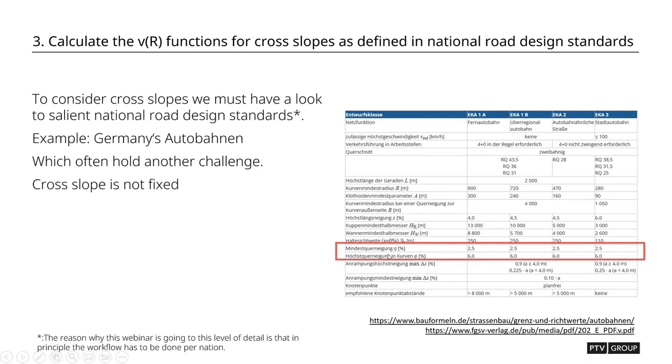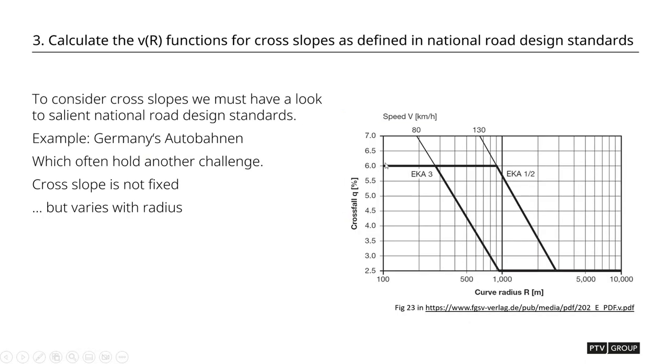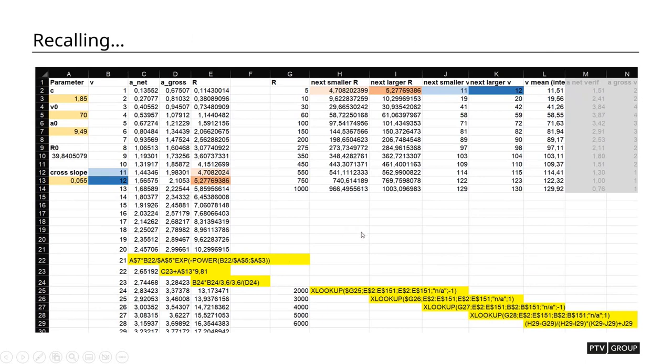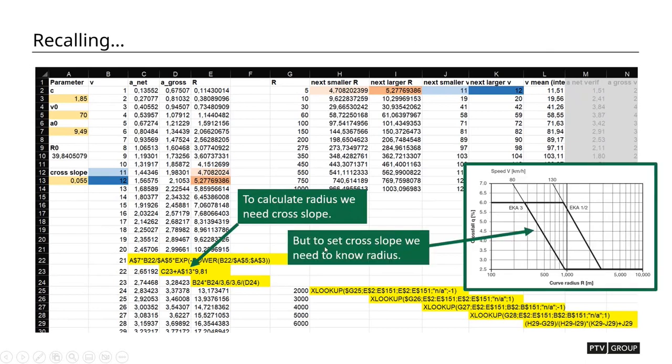That's shown here. Minimum cross slope, maximum cross slope. And in the charts in these guidelines, cross slope is given depending on radius. And that is a problem because to calculate radius in our formula here, we need to have cross slope. But to calculate cross slope, we need to know radius, but we don't have it. We first need to calculate it here.